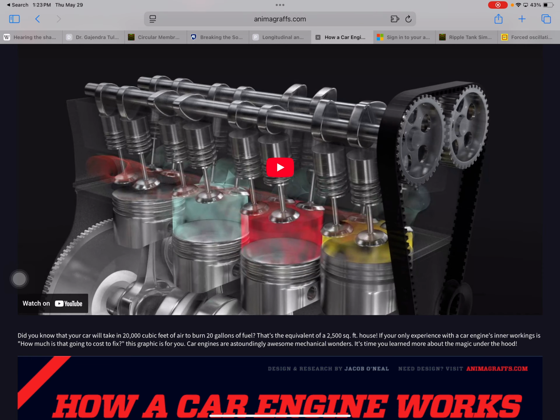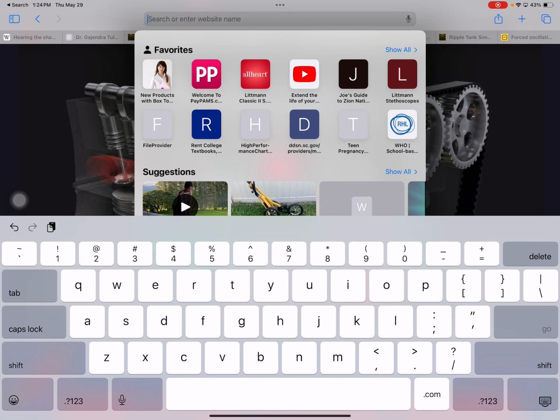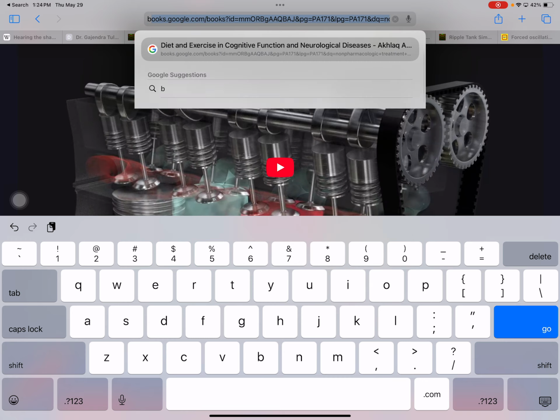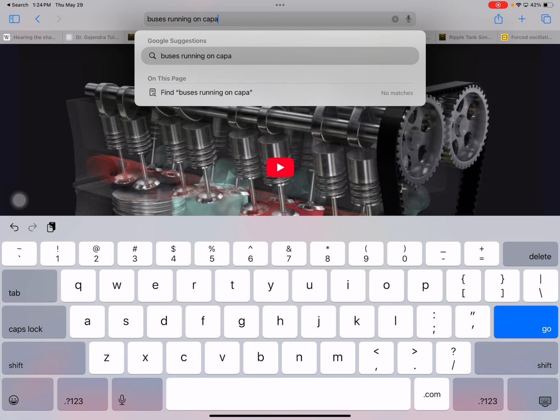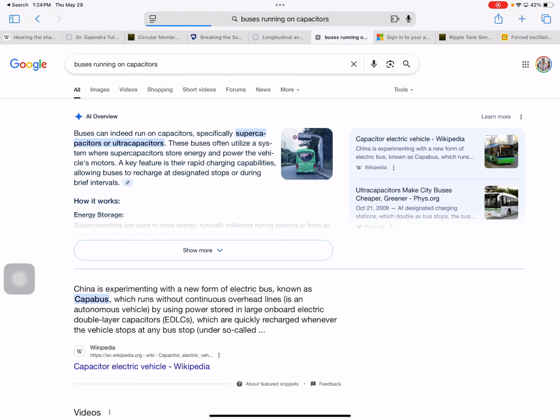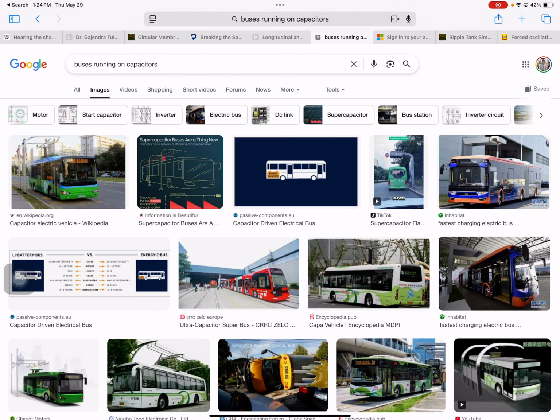I will show you a picture because these are great. They've had these in China for a while.